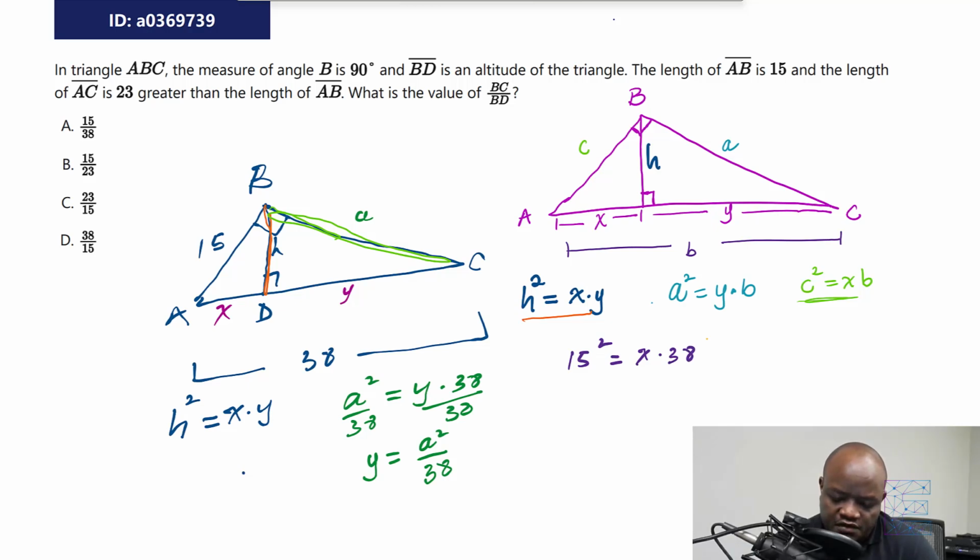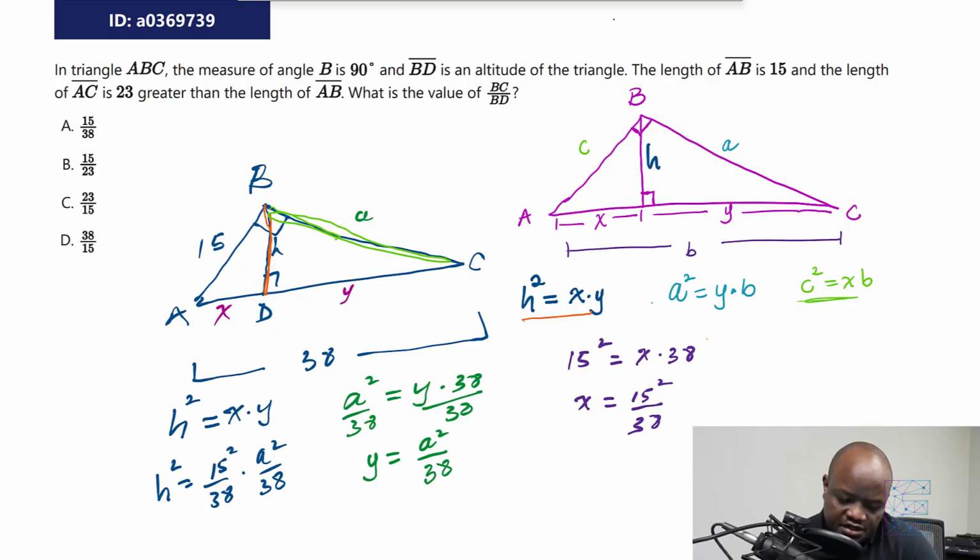Then we can solve for x by saying 15 squared divided by 38. So now we have x and we have y. We can plug those into the h equation. So h squared equals 15 squared over 38 times the y value that we found earlier, which is a squared over 38.